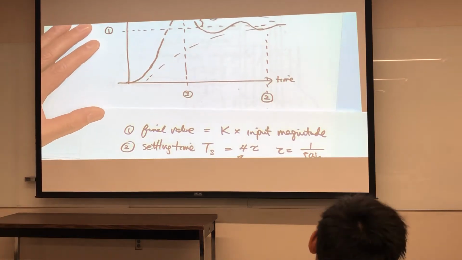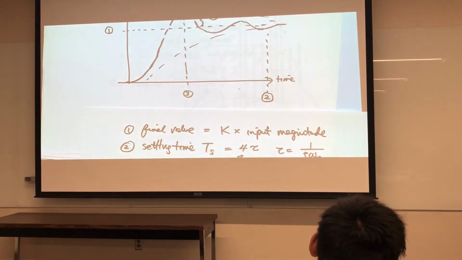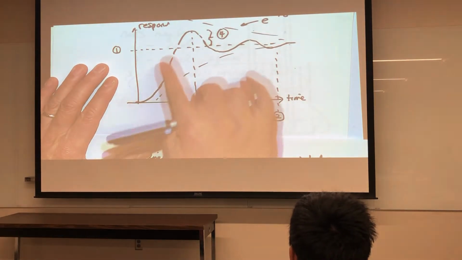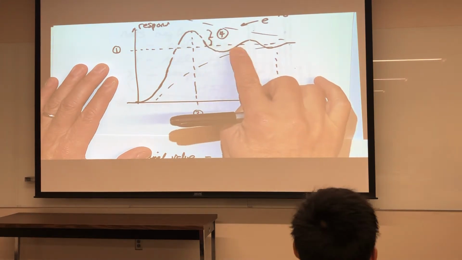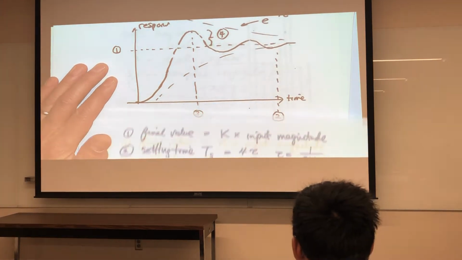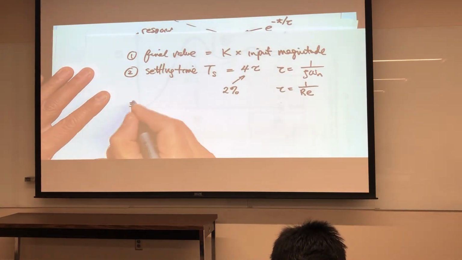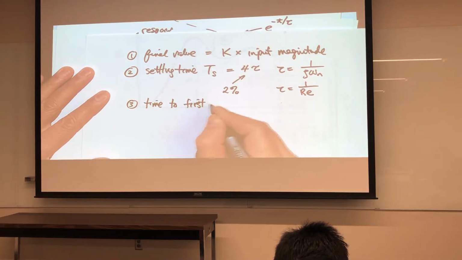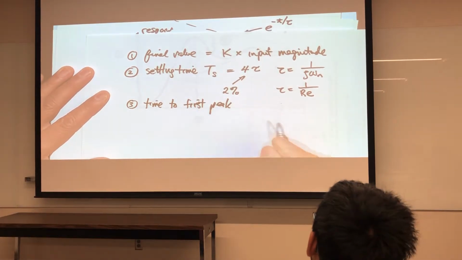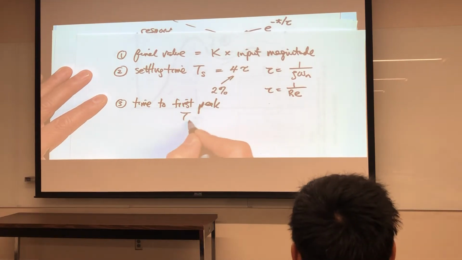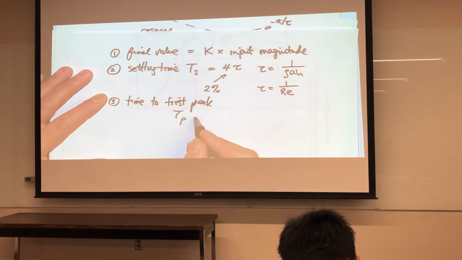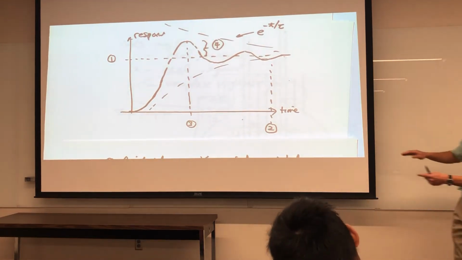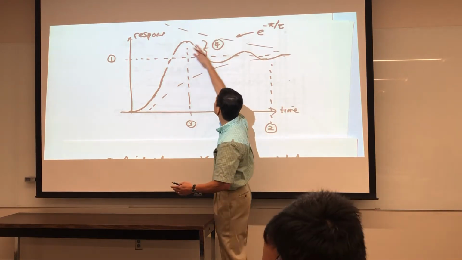Okay, third characteristic is the time to reach the first peak. Then it goes to a second undershoot, and then a second peak, and so forth. So, number 3, time to the first peak, T sub P. If we look at this, it looks oscillatory.